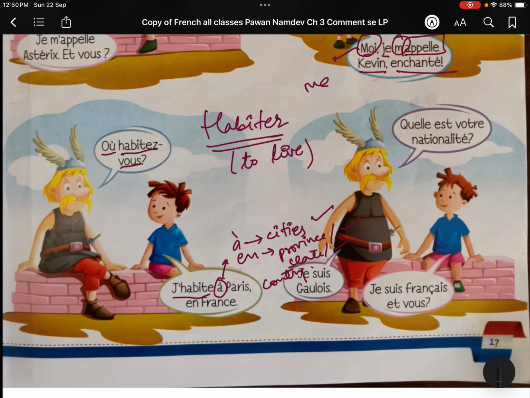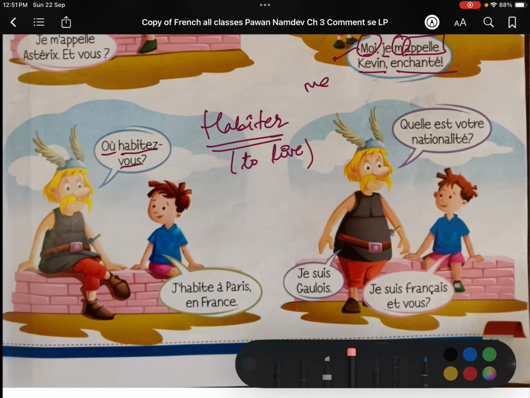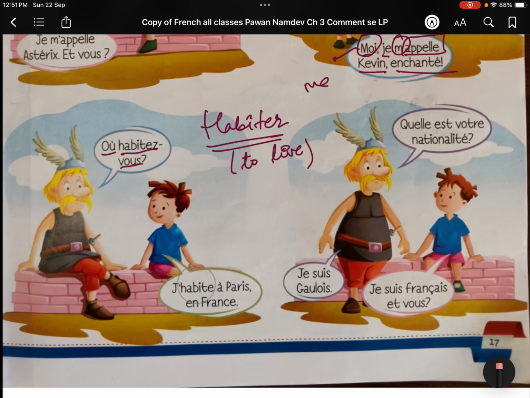With cities you have to use à, and au is used with province, state or countries. Clear? That is why we are having these forms. I live in Paris in France.